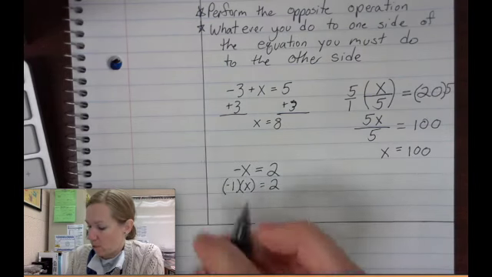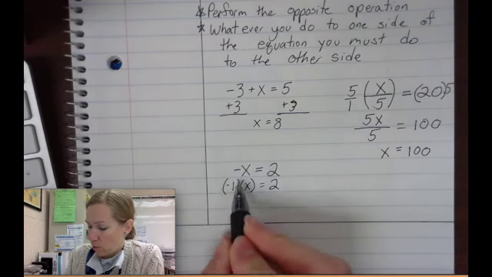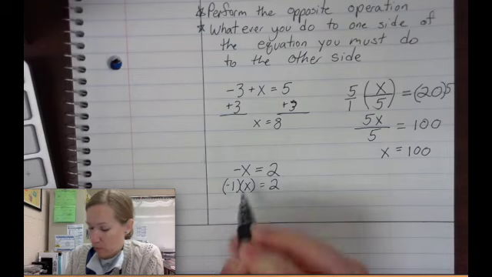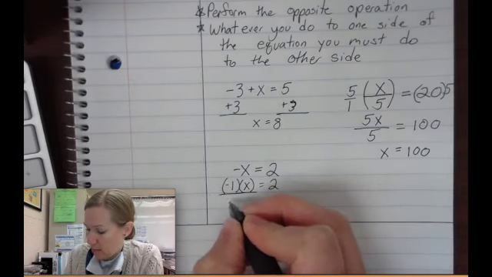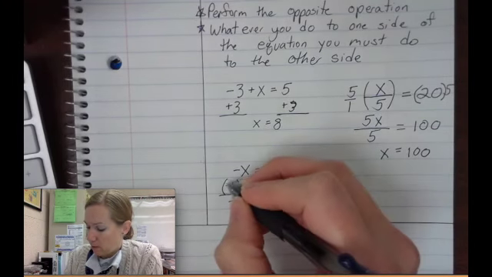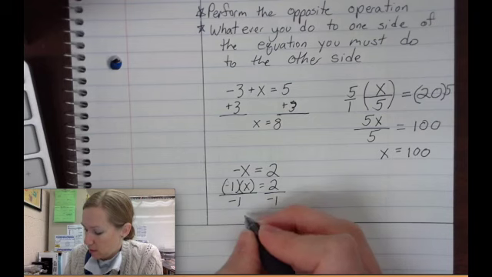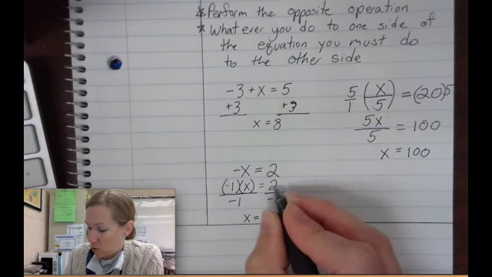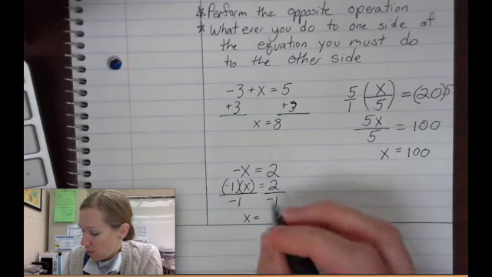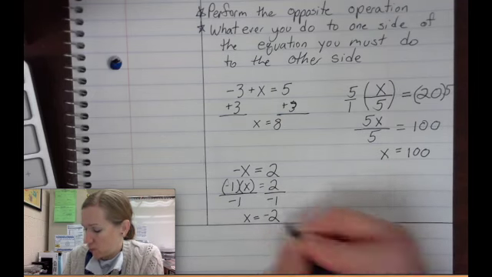So just like before, we're multiplying negative 1 by x. So you're going to do the opposite operation. So you're going to divide by negative 1. And whatever you do to one side, you must do to the other. These divide out to be 1. So we're left with x equals 2 divided by negative 1. It's a positive divided by a negative. And we're going to get a negative 2.